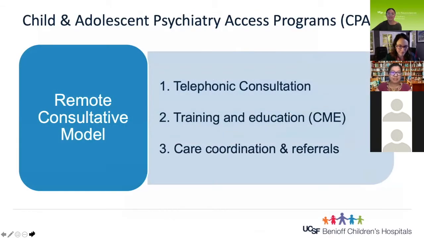Next slide, please. So we're going to talk to you a little bit more about child and adolescent psychiatry access programs. Like Petra talked about before, there's a real case that pediatricians can be so helpful in managing childhood mental health issues in primary care, but they may need a little bit more support.